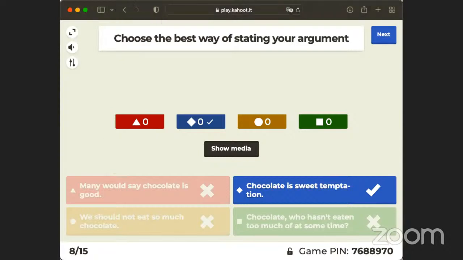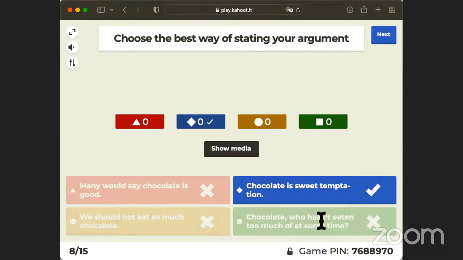All right. So choose the best way of stating your argument. Chocolate is a sweet temptation. The other options are not good because it says many will say, no, we don't care about many. We should not eat so much. Again, we don't care about we. No, you're talking about your opinion.